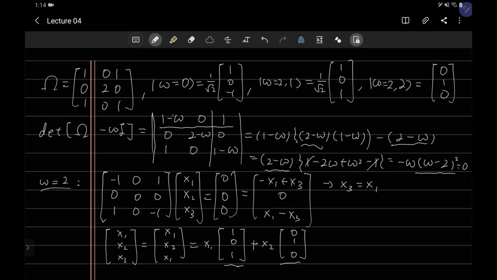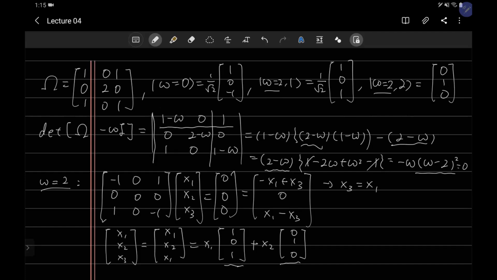So now we obtain three eigenvectors, and then again, these two eigenvectors are degenerate, meaning that they have the same eigenvalues, but except that, they are orthogonal to each other. We can always find a combination of orthogonal vectors if we have multiplicity of the eigenvalues.